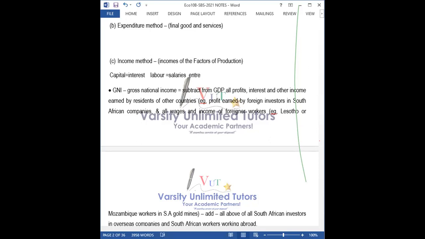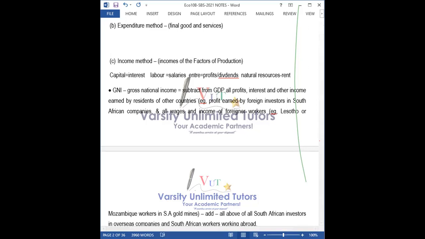An entrepreneur usually receives these benefits in form of profits. Profits that he receives sometimes, depending with his investments, might be dividends in some cases. Then the natural resources, which basically sometimes refers to land, is usually remunerated in form of rent.